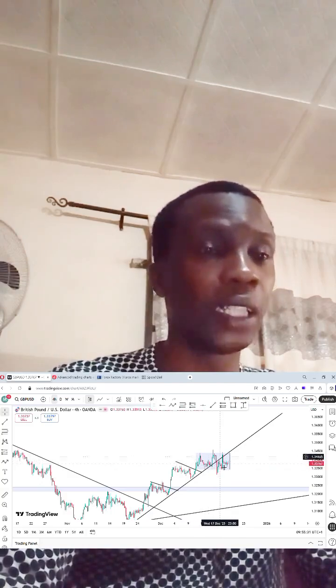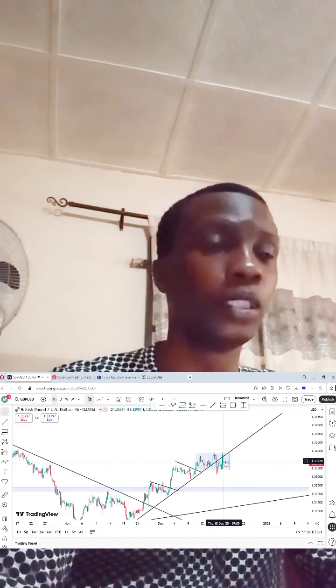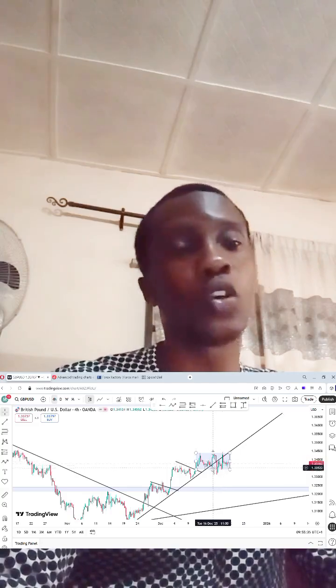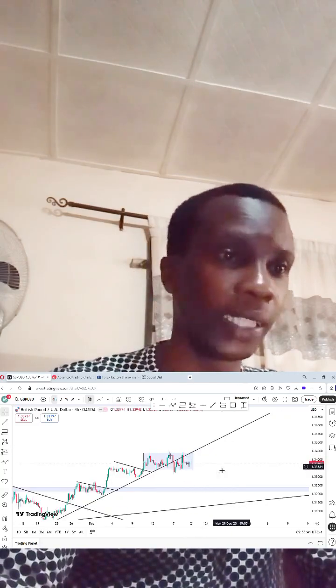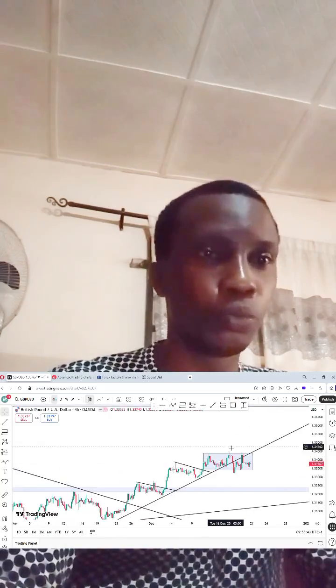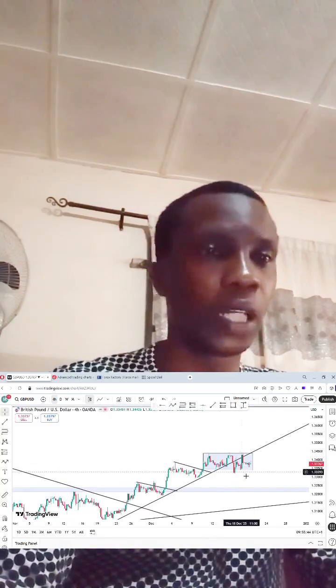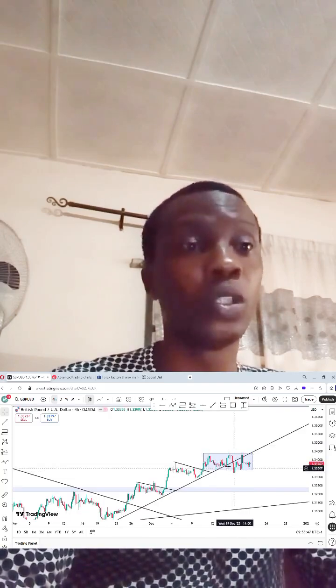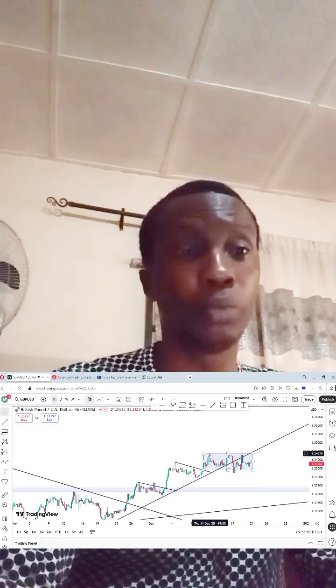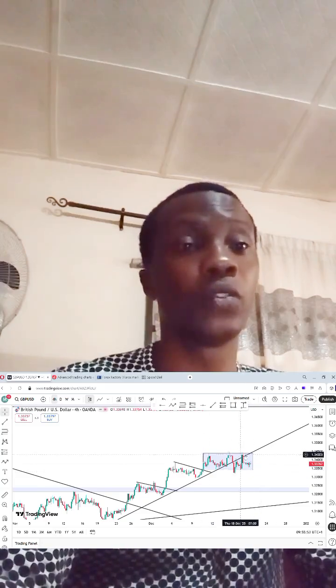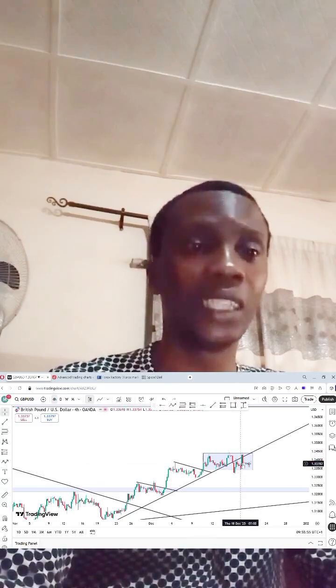It was just pushing up, pushing back down, pushing up, pushing back down. It could not break below this support level and could not break above this resistance level right here. It was in a nasty range right here.